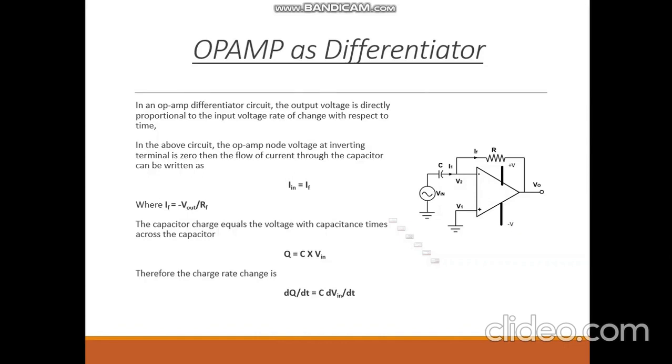And then the flow of current through the capacitor can be written as input current In is equal to If, where If is equal to minus V out upon Rf. Here, instead of Rf, we write R. The capacitor charge equals the capacitance times the voltage across the capacitor, that is Q is equal to C into V in.